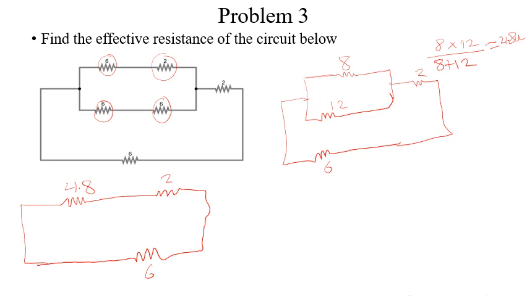So now basically our RT, our total resistance, is equal to 4.8 plus 2 plus 6, which is equal to 12.8 ohms. So our final resistance is 12.8 ohms.